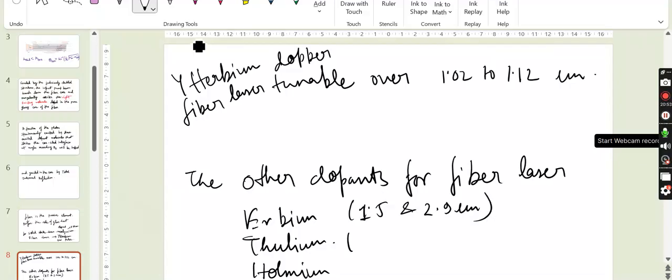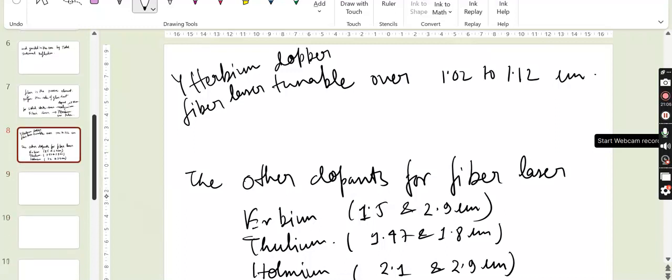Thulium is about 1.47 and 1.8 micrometer of light. Holmium is 2.1 and 2.9 micrometer of light.